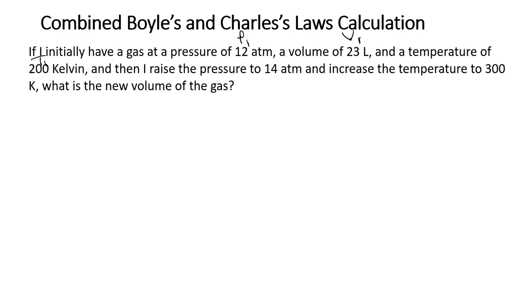And then I raise the pressure to 14 atmospheres. So this one is my P2. And increase the temperature to 300 Kelvin. This is T2. What is the new volume of the gas? So this is what I want to find. V2. That's what I want to find.